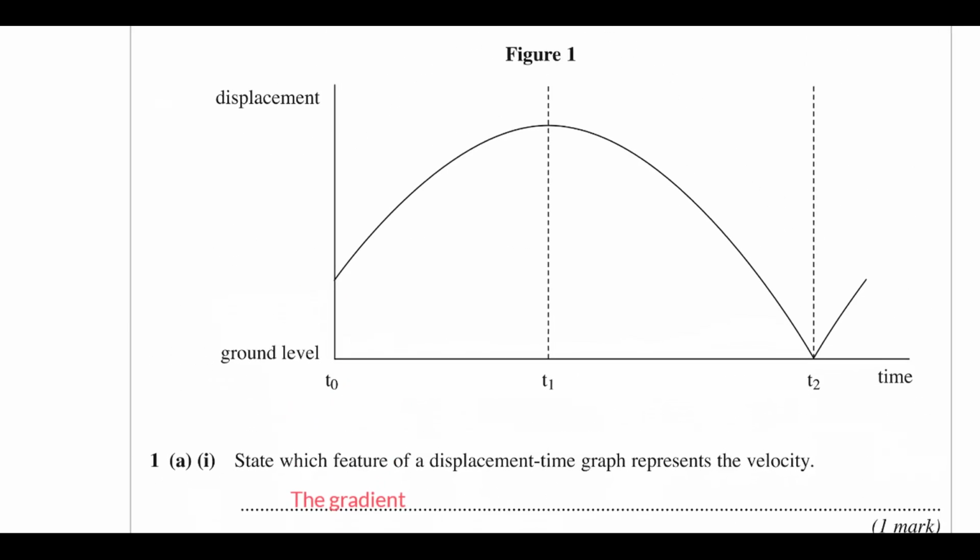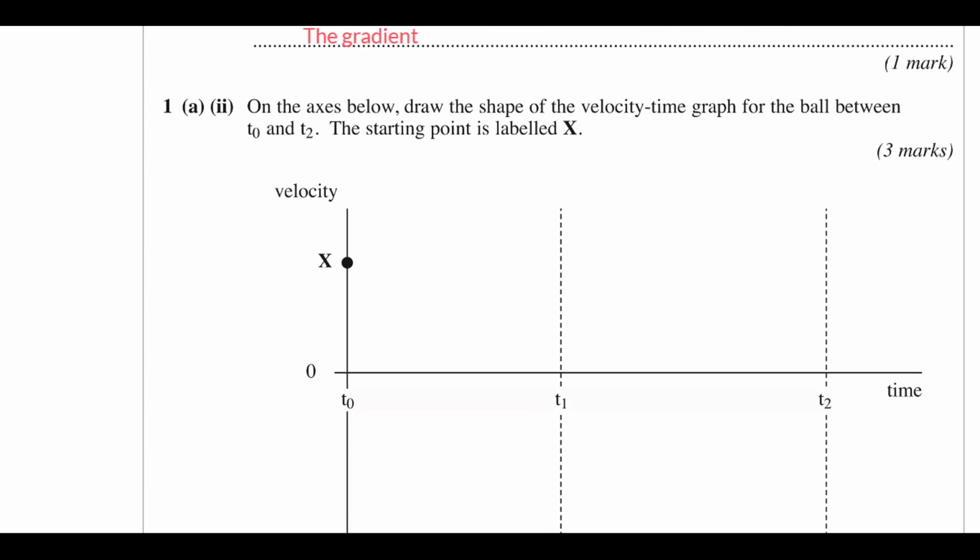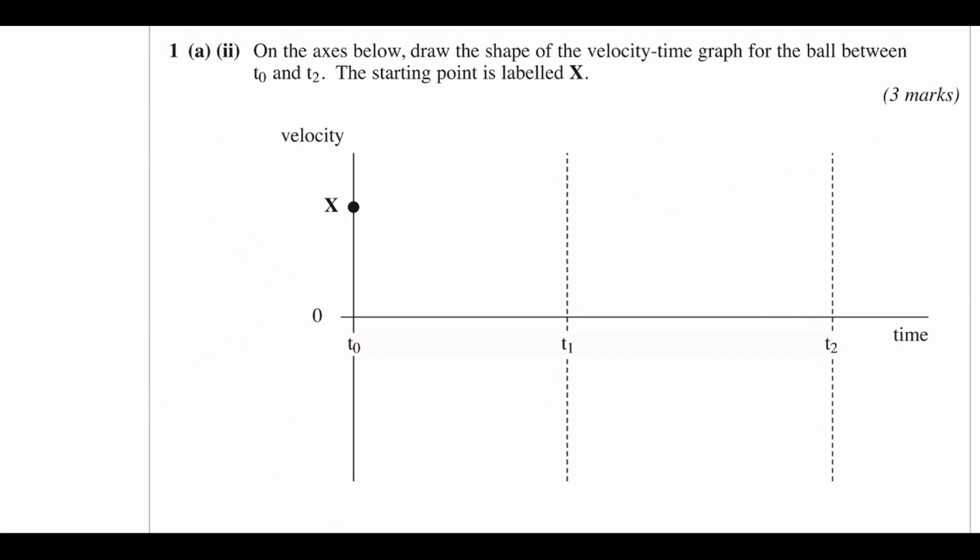So we've been given no indication that there is any air resistance, so essentially the acceleration should be constant and would be minus g. So we're going to have a straight line graph. When it reaches the top, it's going to be going at 0 because it becomes stationary at the top, and then it's going to come back down, and because it falls further, it's going to be somewhere down here.